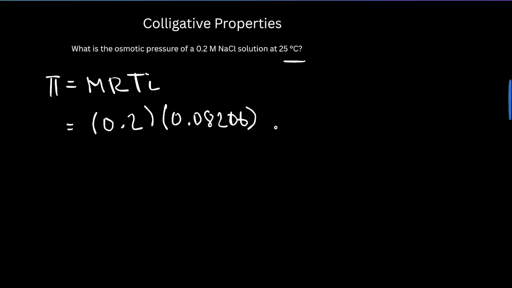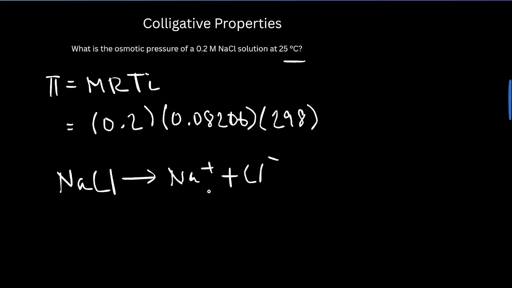So multiplied by 298. And finally, that Van 't Hoff factor. It's very important. We know NaCl is not a non-electrolyte. It dissociates into Na+ and Cl- ions, those two particles, so our i is 2. That is our Van 't Hoff factor here.